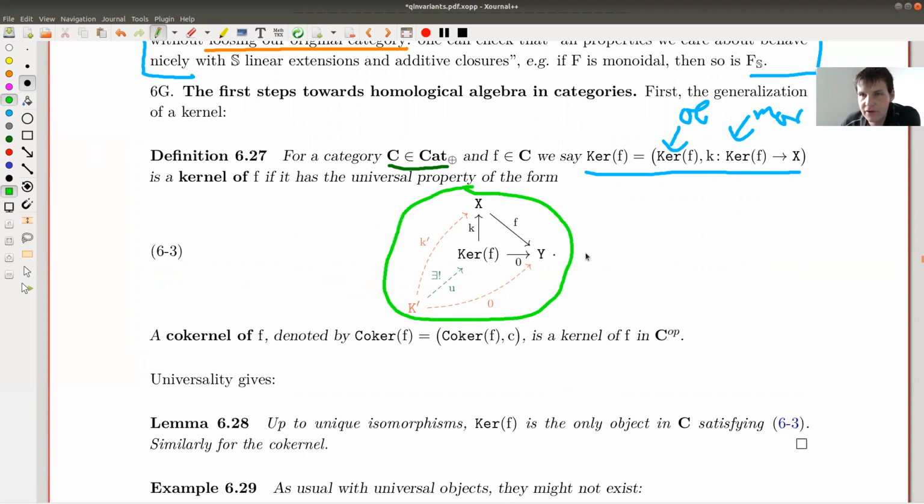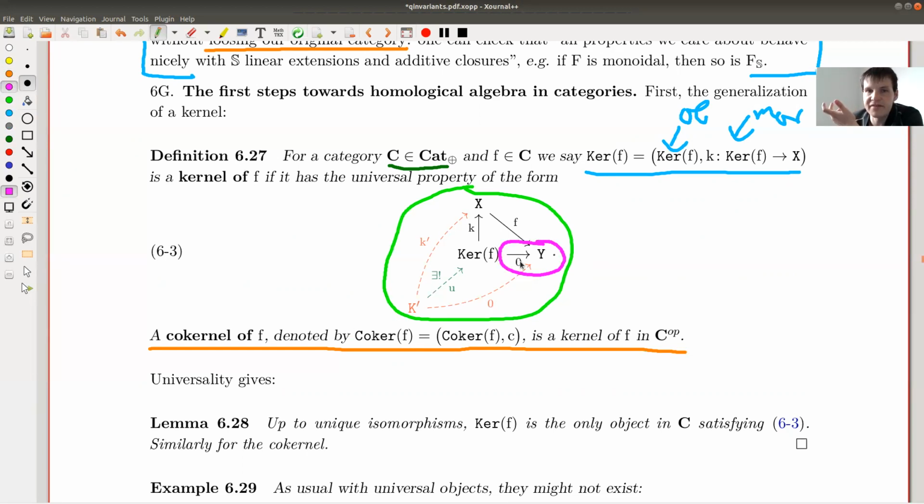Okay, good. And there's a dual notion of a co-kernel, which is just a kernel in the opposite category. It's a certain type of object that behaves nicely with respect to taking zeros.